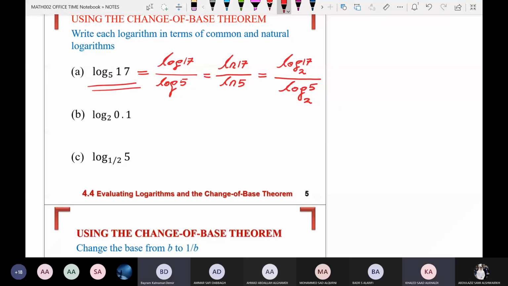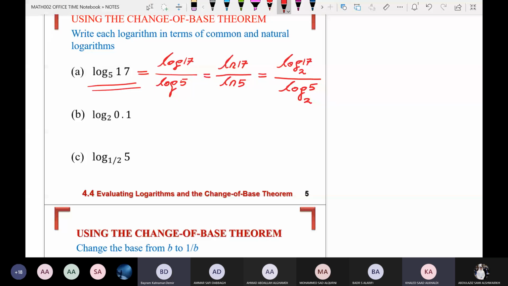Okay? Doctor? Yes. So we need to have the same base when dividing in this. It doesn't matter what base it is. It needs to be equal, right? Yes. Like, if we have logarithm of 17 base 3 over logarithm of 5 base 3, is it okay?